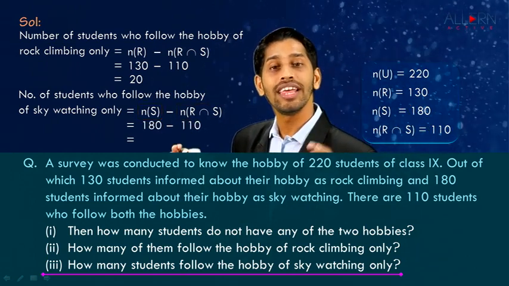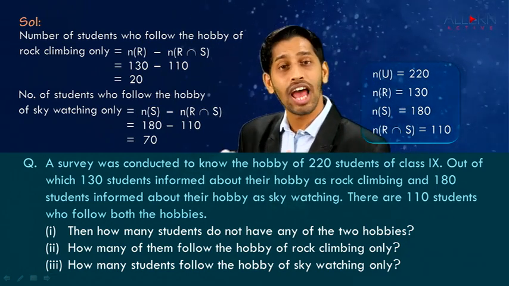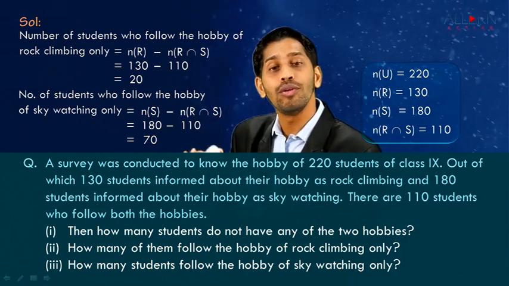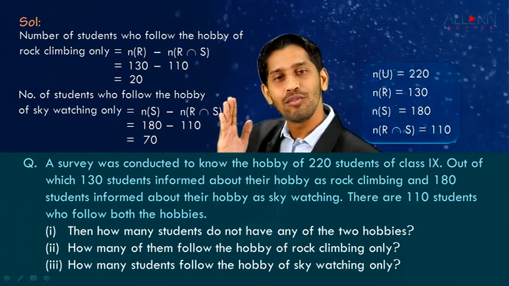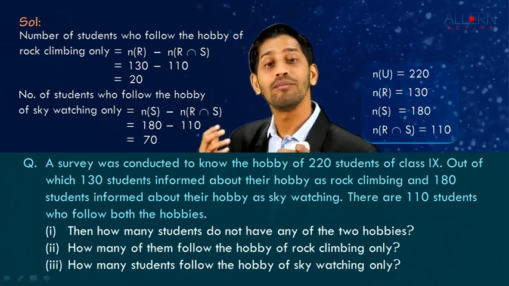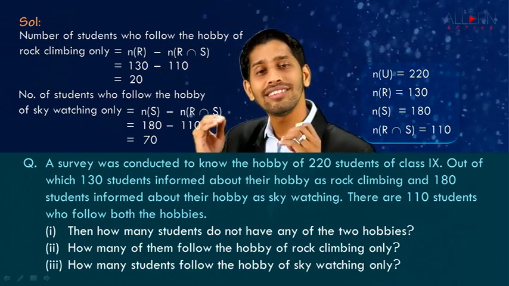So in total there are 180 students who follow the hobby of sky watching, but out of 180, 110 are those who follow the hobby of rock climbing also. So from that 180 we have to just remove that 110. What is left is 70, which is nothing but the number of students who follow the hobby of only sky watching.